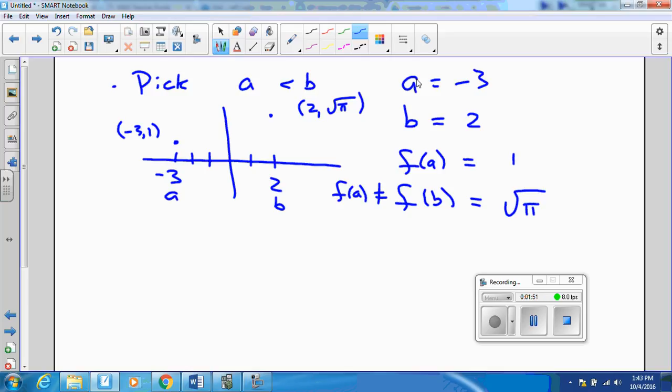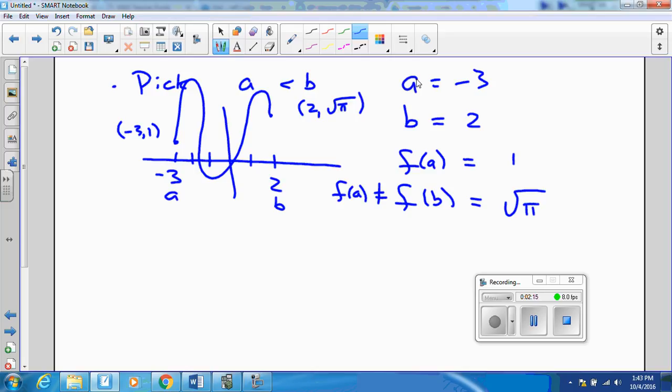Excellent. Now, here's what I want you to do. Take your pencil and draw a continuous function that connects these 2 points. You can go straight across if you wish. My continuous function is going to look like this. The only requirements that I have are that you draw a function, so you can't double back on yourself.